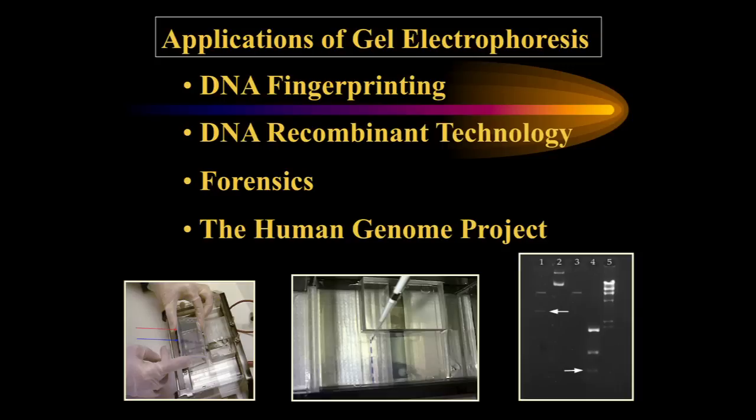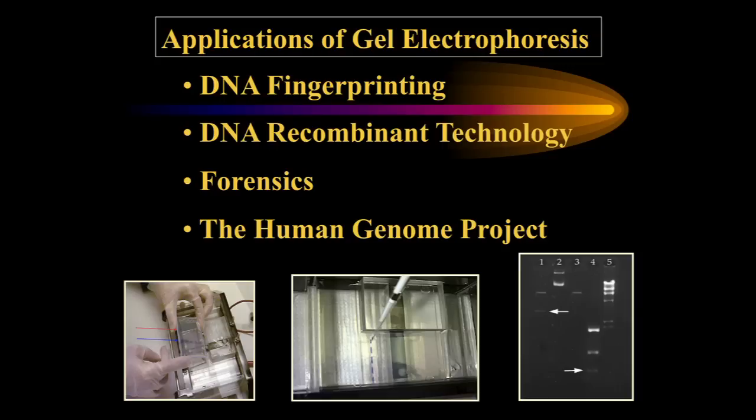Large molecules run very slowly through the matrix, small molecules run very quickly, and therefore over time in an electric current they can be separated and visualized. We can also add a molecular weight marker to the gel, to one side, so that we can calibrate it and see what known sizes of DNA fragments are generated.